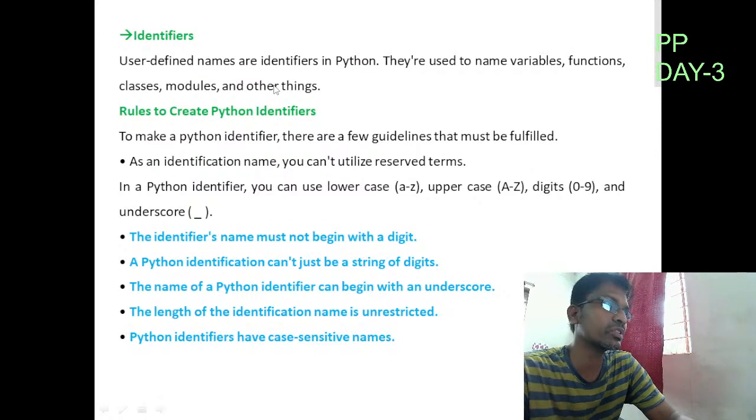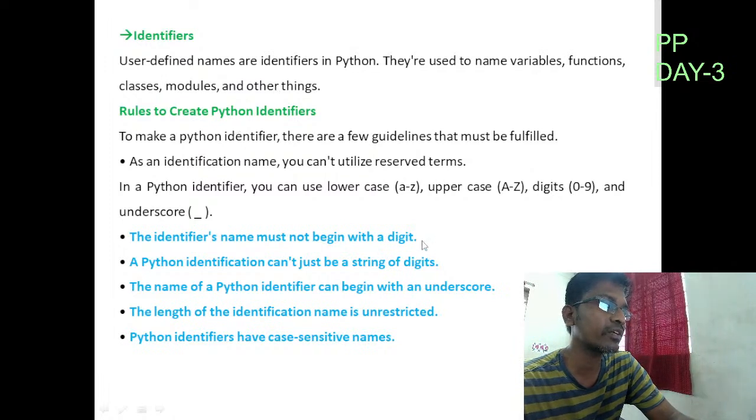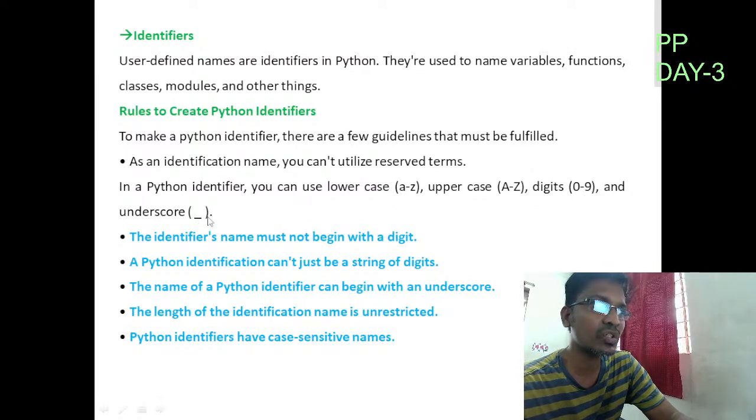We have to follow some rules for writing identifiers or variables. So what are the rules for writing identifiers and variables? We will discuss them in this class. First one, the identifier names must not begin with a digit. An identifier may contain lowercase letters, uppercase letters, digits 0 to 9, and the underscore symbol.